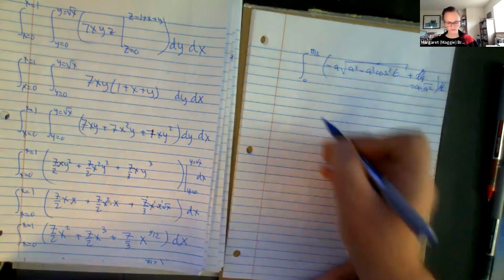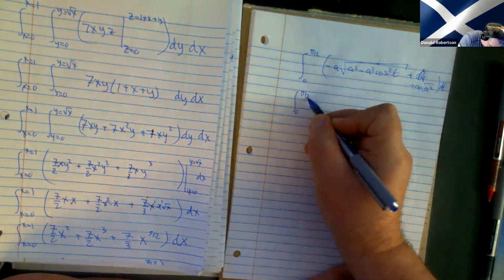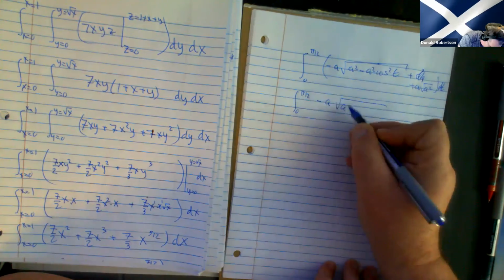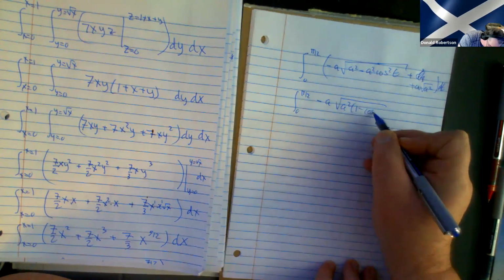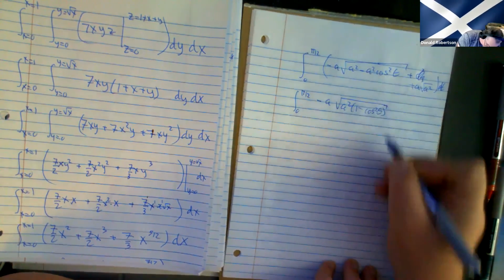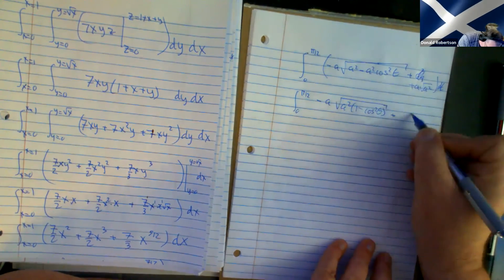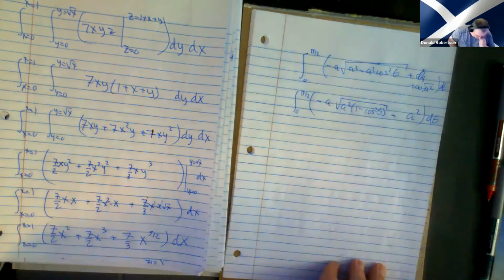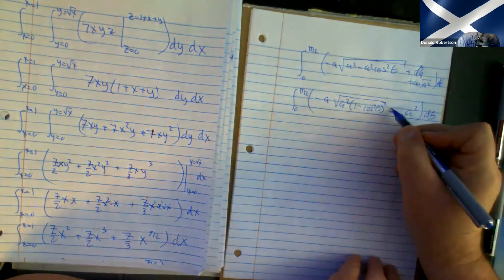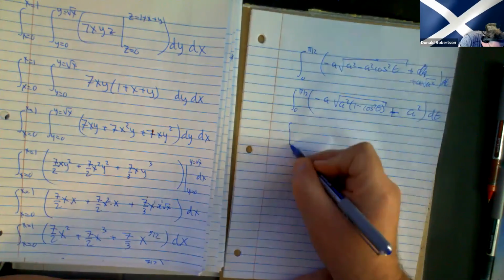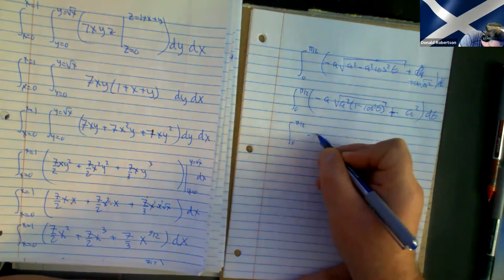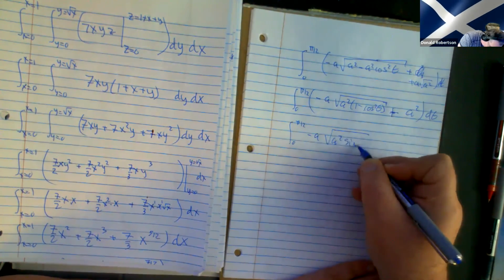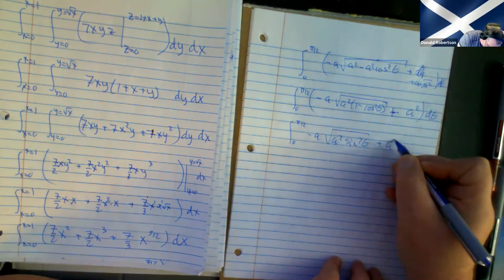Okay, so let's make this look pretty. I have negative a. I'm going to pull out a squared as a common factor. That's a plus, to make it more obvious. This guy is a squared sine squared theta plus a squared.